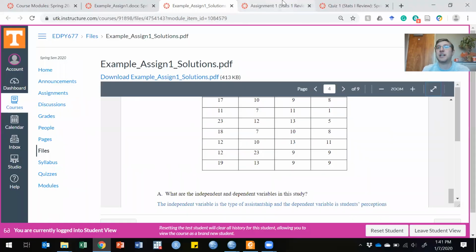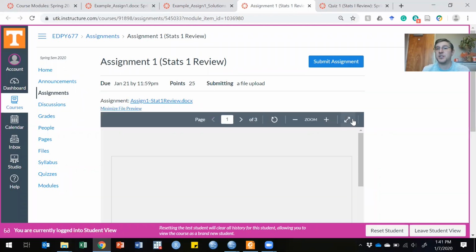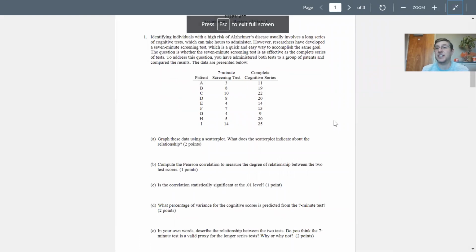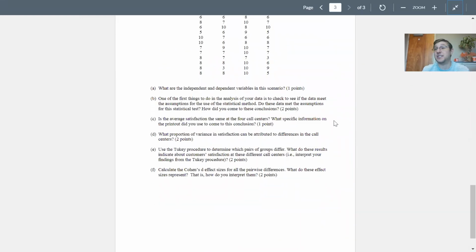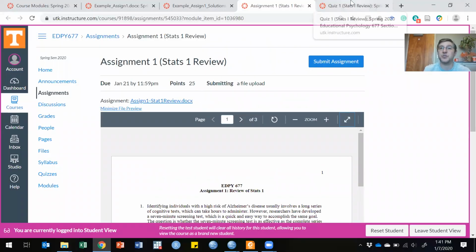You'll notice this practice assignment is very similar to the actual assignment for this lesson. It has 3 problems, and it's going to be the same 3: a correlational analysis, a dependent samples t-test, and a one-way between subjects ANOVA. So you should know what you're looking for.